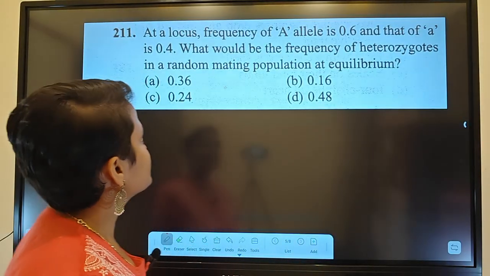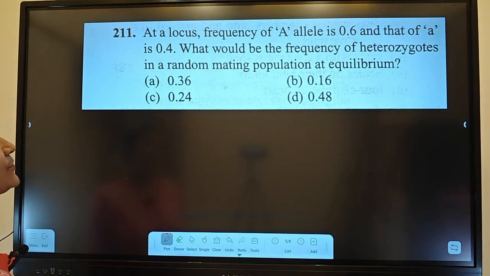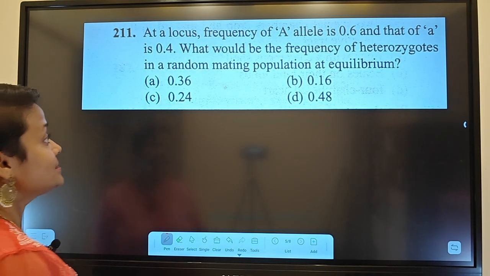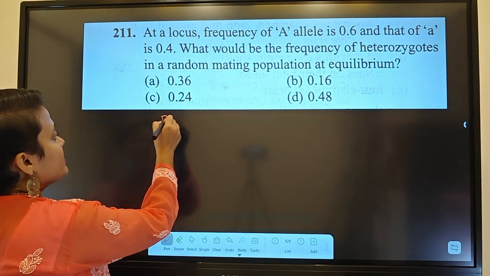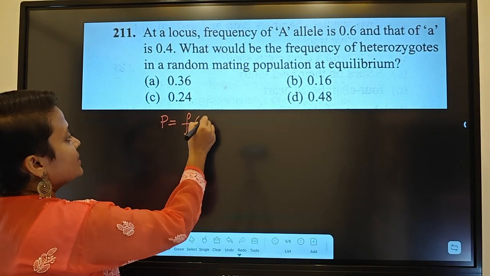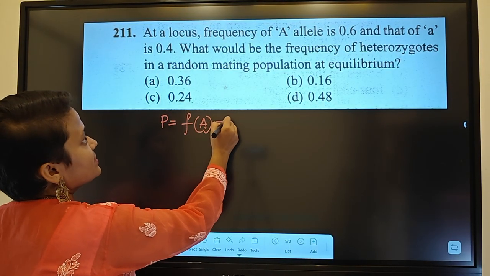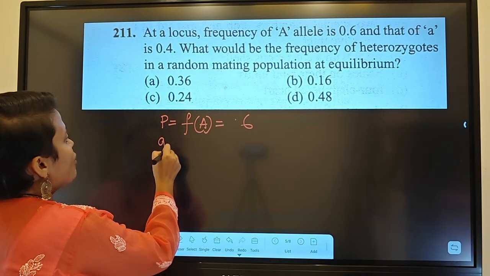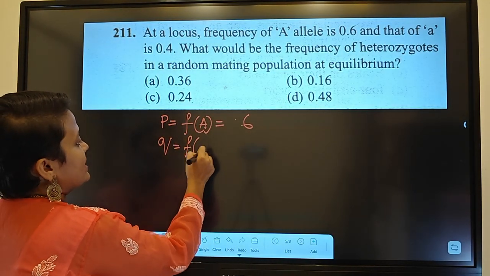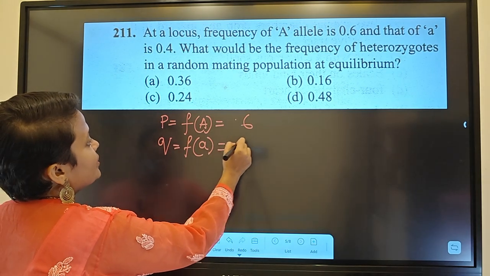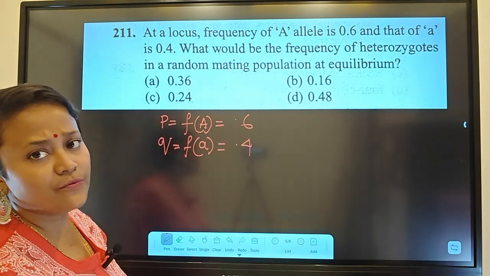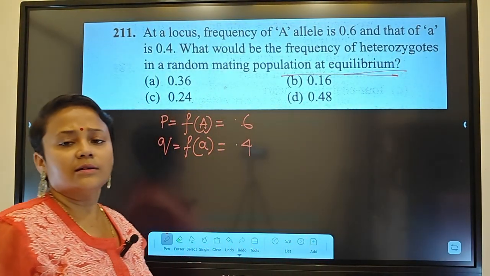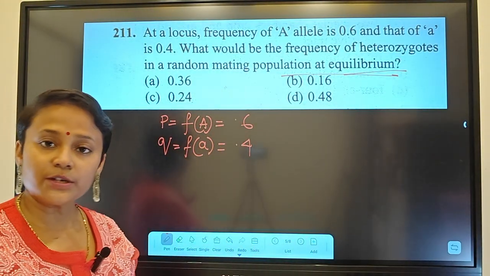Coming to the next one, at a locus, the frequency of capital A allele, means p, is given as 0.6. Now, the frequency of small a they have given is 0.4. It will obviously be 0.4, because if it is in equilibrium, it will maintain the Hardy-Weinberg equation.